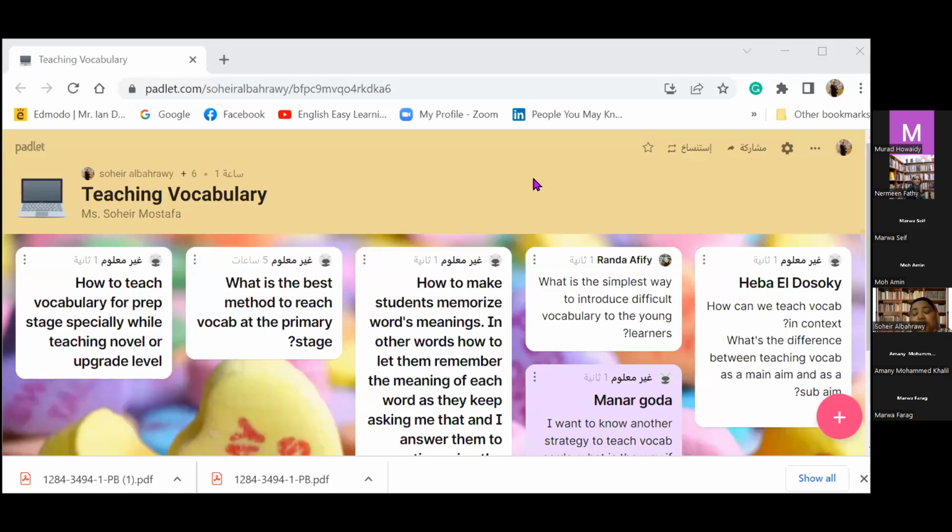If you teach reading or listening or writing, students need vocab to master these skills. So you need to introduce vocab and practice it. You can help your students as much as you can to be familiar with the new vocab. You can ask them to do activities at home, like designing their word cards or creating a vocabulary notebook, and something like that.